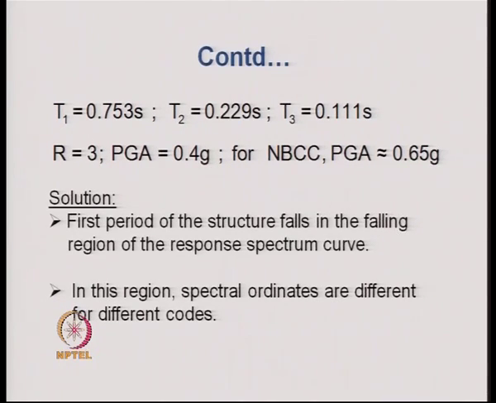Therefore, if the first time period falls in the falling zone, then the differences that may arise due to the nature of the SA by G curve or the CH curve would be reflected in the response values or in obtaining different response quantities of interest.